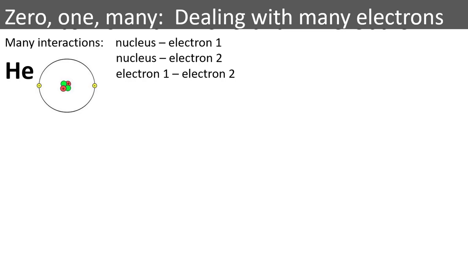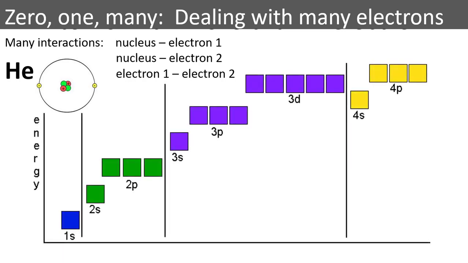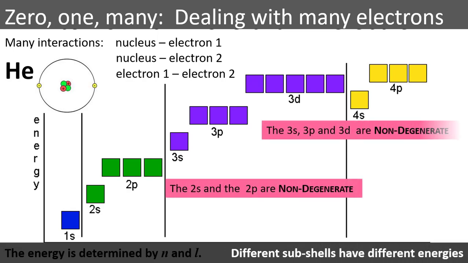This interaction removes the degeneracy between the orbitals in different subshells. What I mean is that in helium and all heavier elements, the 2s and the 2p orbitals are now no longer degenerate. They have slightly different energies. In fact, the 2p orbitals are raised a little bit relative to the 2s. This comes about because of the different shapes of the orbitals.